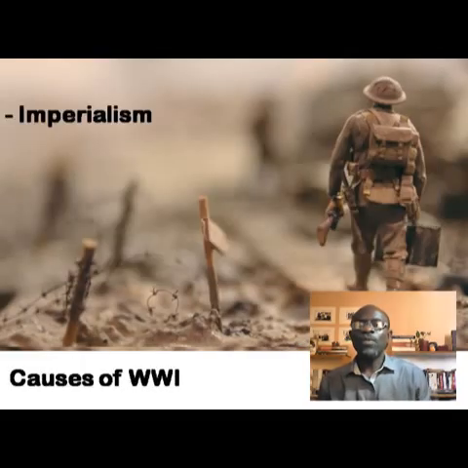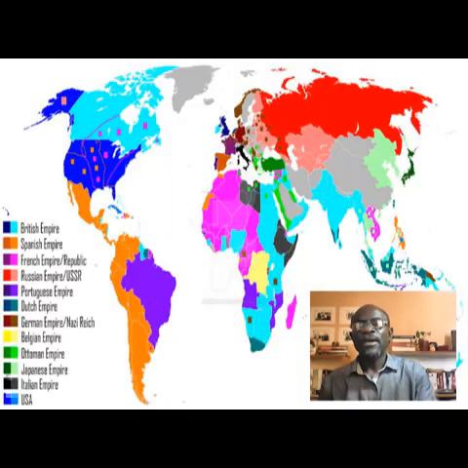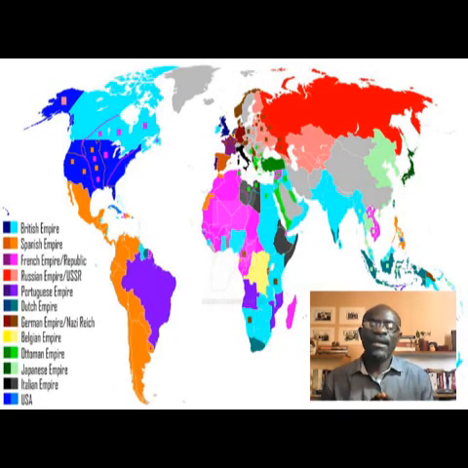To start off, we will look first at imperialism as one of the key causes of the First World War. Now, in our previous classes, we've attempted to look at what the world looked like in the late 1880s and 1890s.